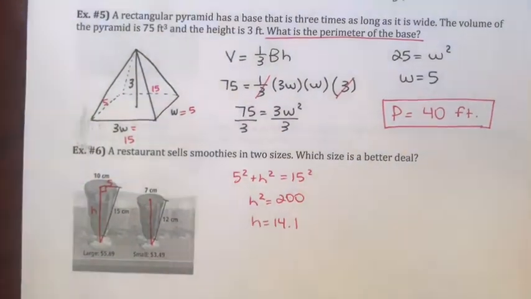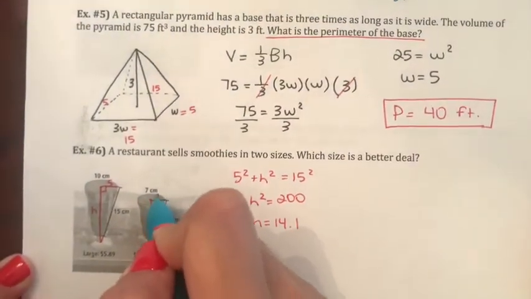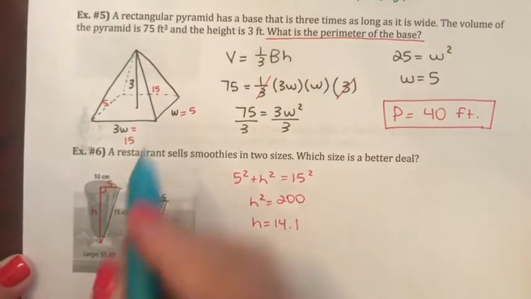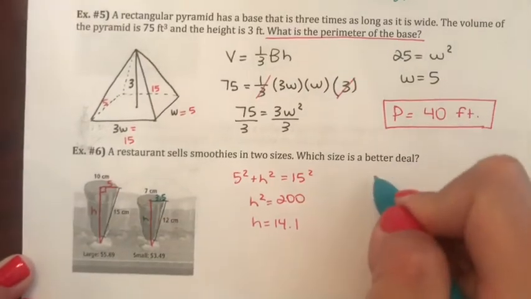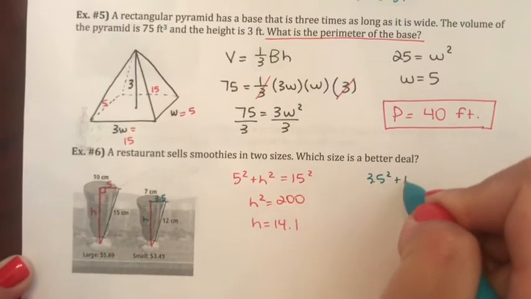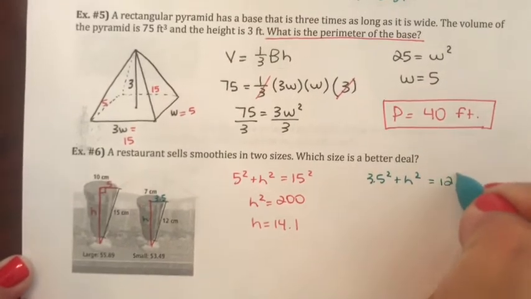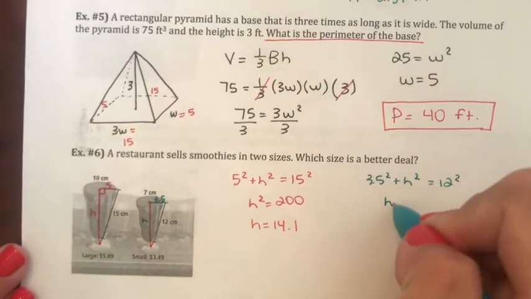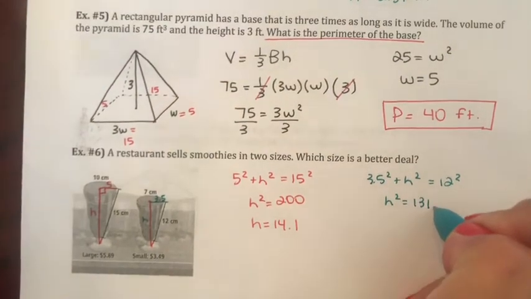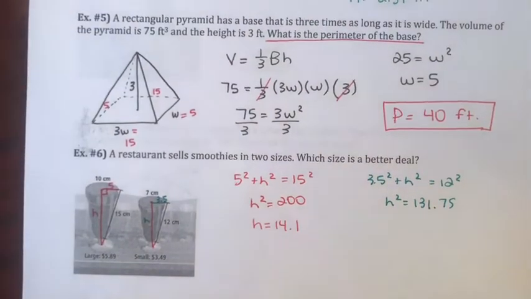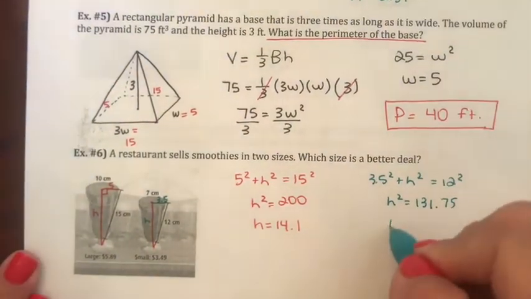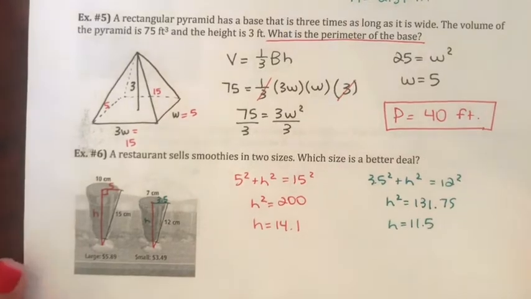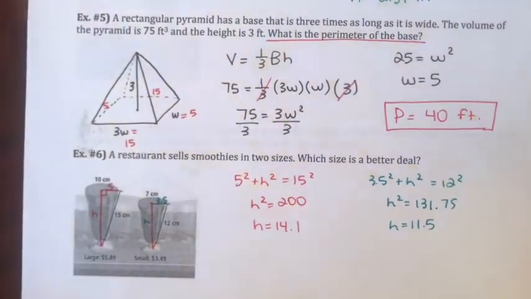Okay, now the height for our small cone, 3.5 is our radius. Height, 3.5 squared plus h squared equals 12 squared. Square root. Okay, so we have 11.5.